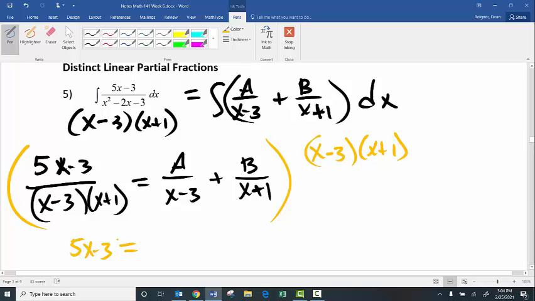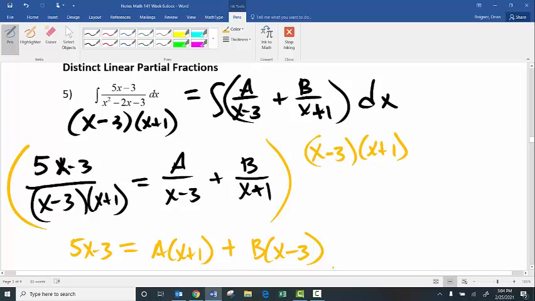equals, and when you take A over x minus 3 times x minus 3 times x plus 1, you get A times x plus 1, plus, and then you take B over x plus 1 times x minus 3 times x plus 1. The x plus 1's cancel, and you're left with B times x minus 3.